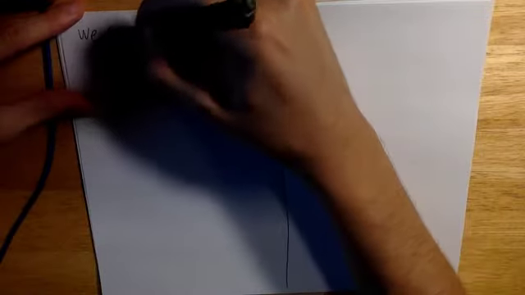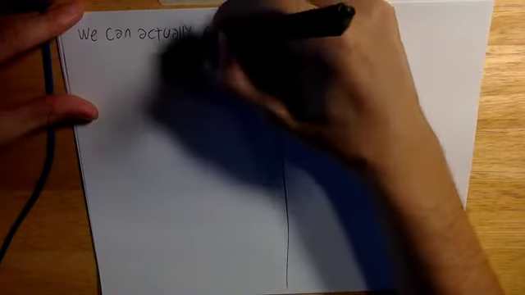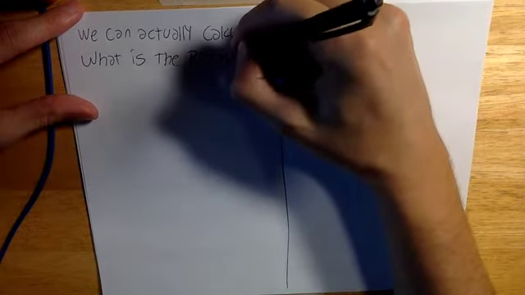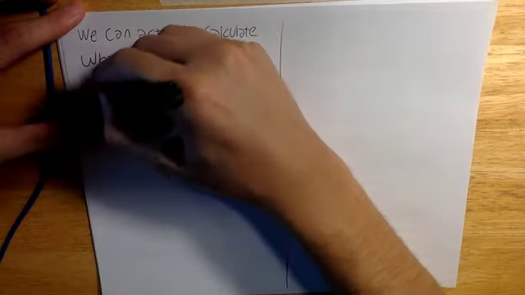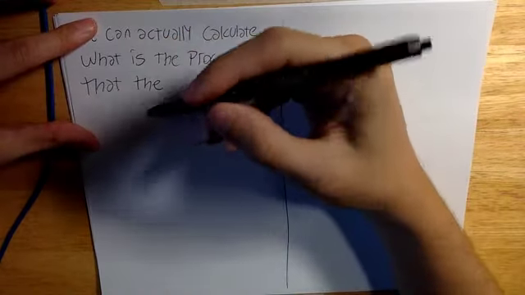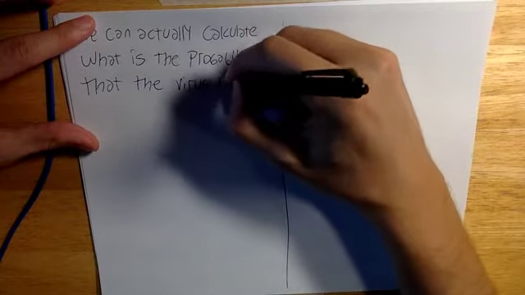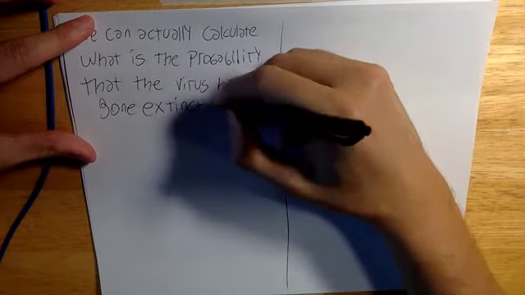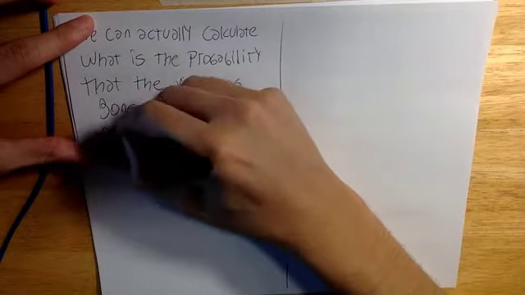And then another thing we can see by knowing the distribution of x explicitly is we can actually calculate the probability that the virus has gone extinct after n generations.